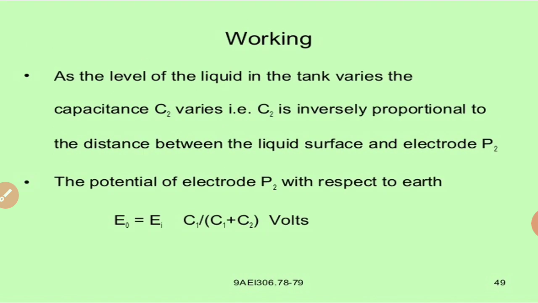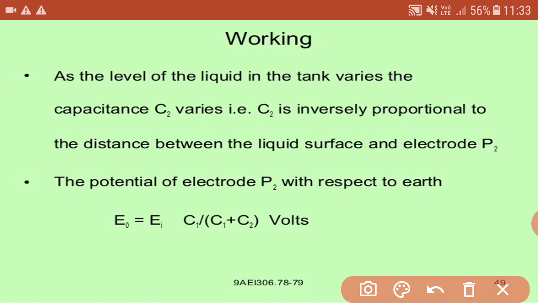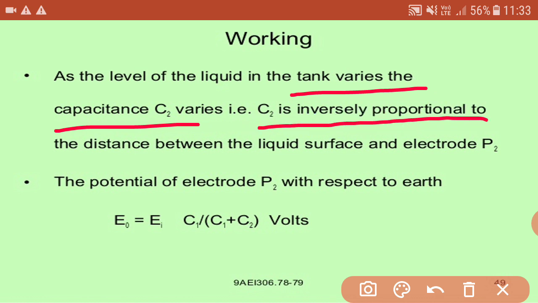Okay. Next, how it works. As the level of the liquid in the tank varies, the capacitance C2 varies. It means C2 is inversely proportional to the distance between the liquid surface and electrode P2.